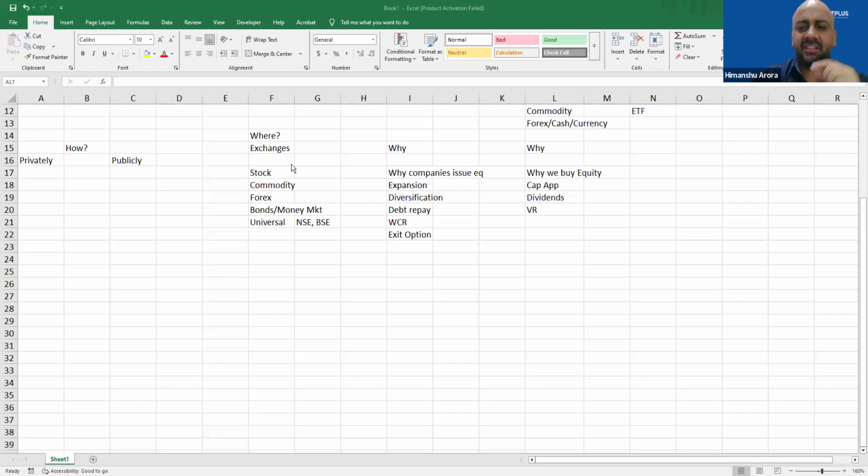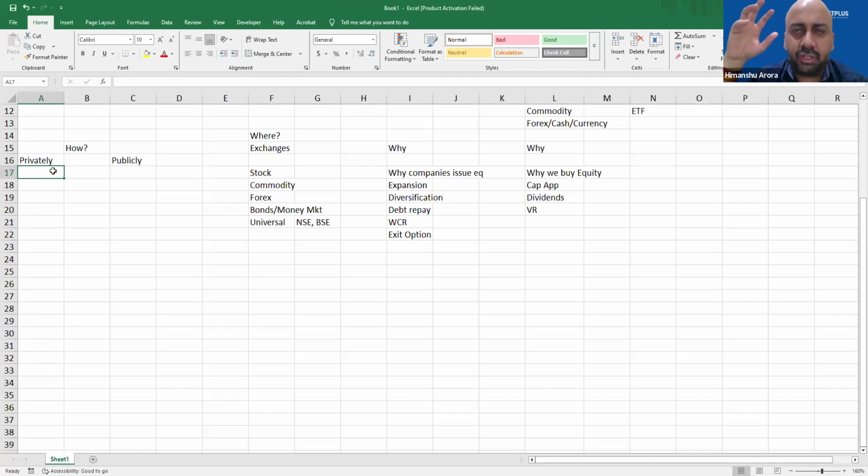Contrary to this common belief, there is a technical definition of private placement. Whenever the company issues equity, and you may please listen to this very carefully, to less than 50 people at one point in time, or to less than 200 people during a year, this is called private placement.